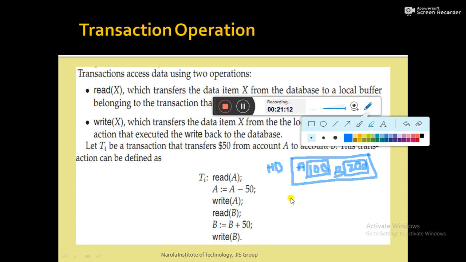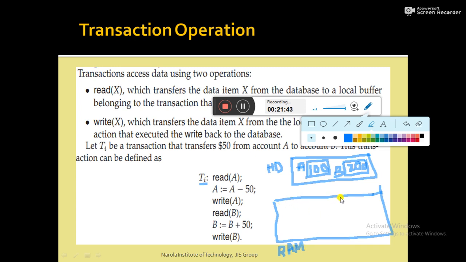Next, whenever transaction Ti starts execution, or when transaction Ti is initiated by the user, what happens? Within a RAM, so this is RAM, a local buffer will be allocated.